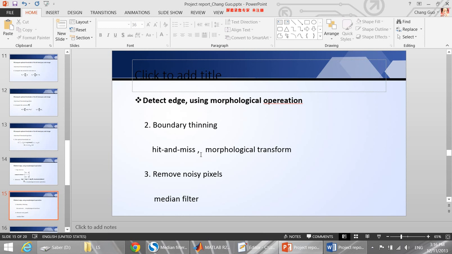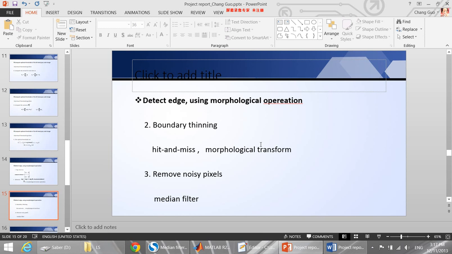We can get the masks for vertical direction, and by rotating these masks by 45 degrees, we can get the masks for diagonal direction. Using these masks, we compute the hit and miss transform of the image and remove the pixels searched by these masks.